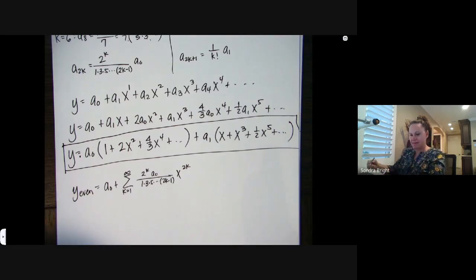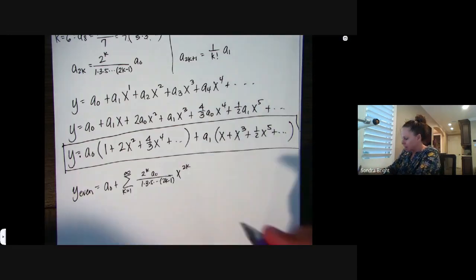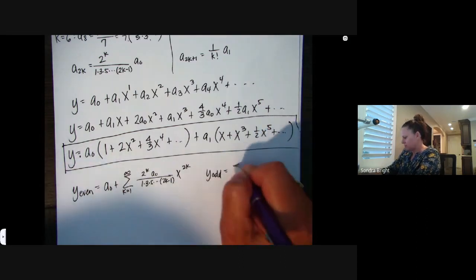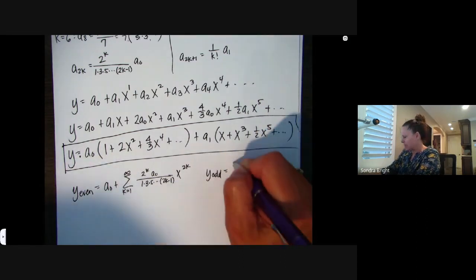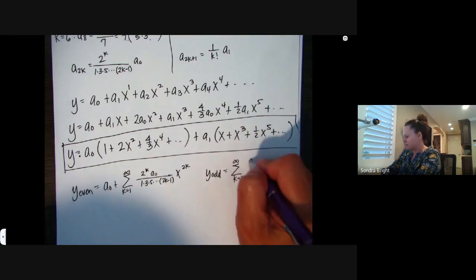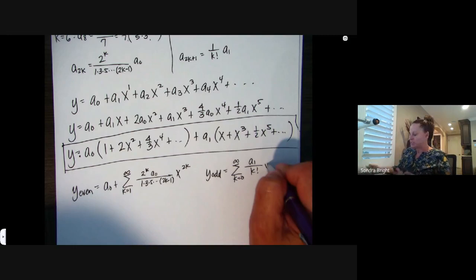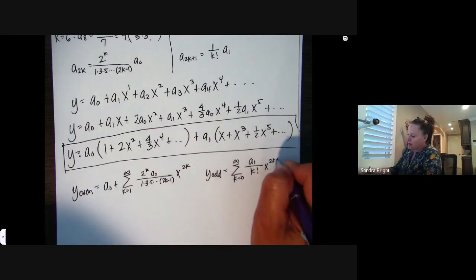And then your odds were the sum from k equals 0 to infinity of a1 over k factorial x to the 2k plus 1. And so you write your answer.